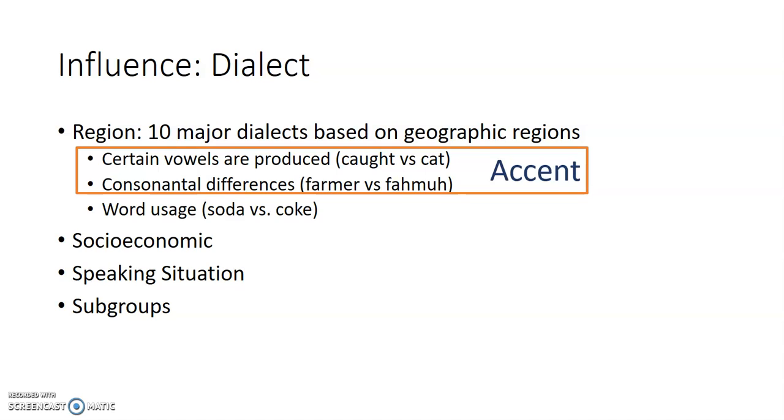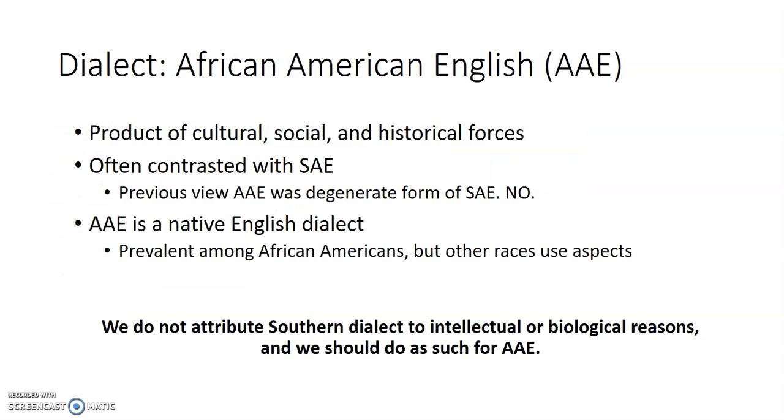So when we're looking at where accent fits in, the change in the production of the vowels and the consonants is the accent, but it does not necessitate a dialect. One of the dialects we'll talk about is African American English, and it is just a product of cultural, social, and historical forces. By its first interpretation, you may say that it is different from or changes to Standard American English.